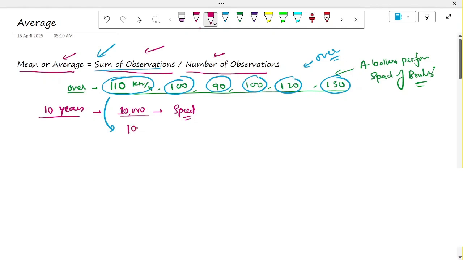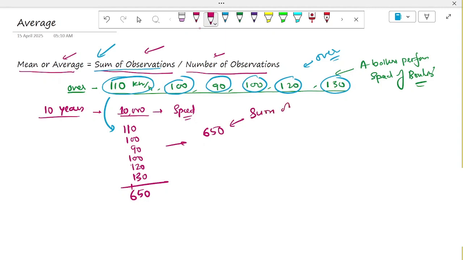For that you need to add all the values: 110, 100, 90, again 100, 120 and 130. When you add them, we get 650. What is this 650? It is the sum of observations, right?